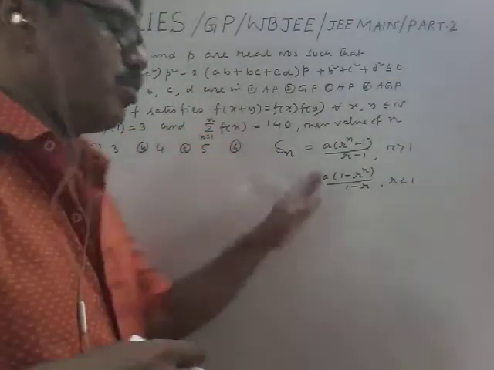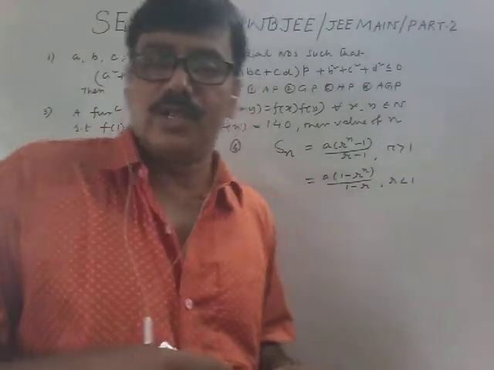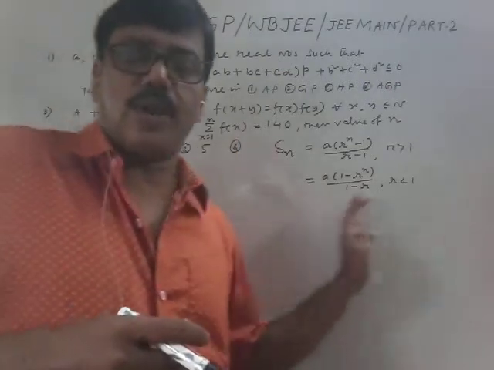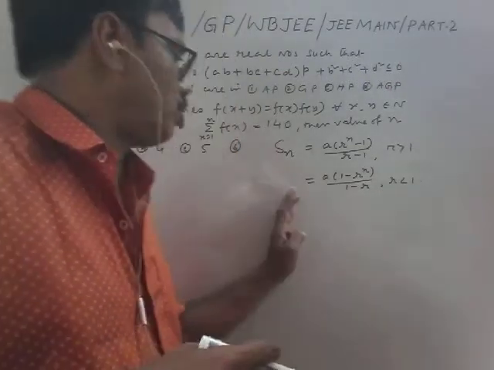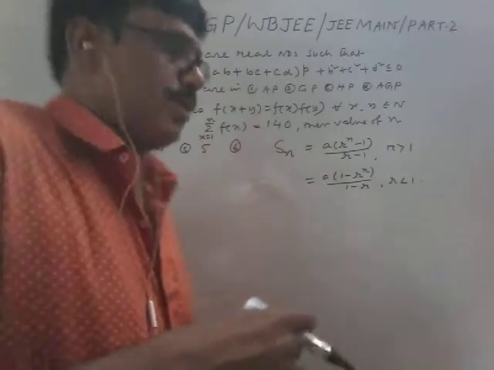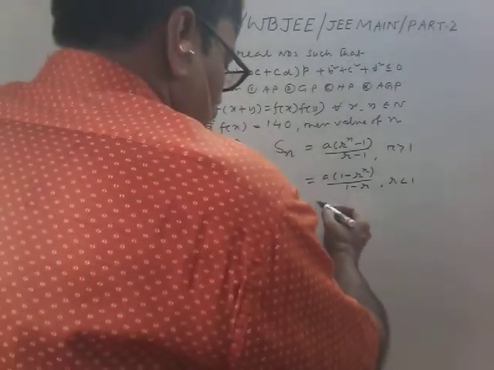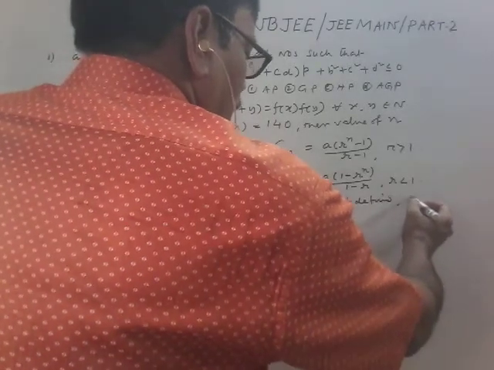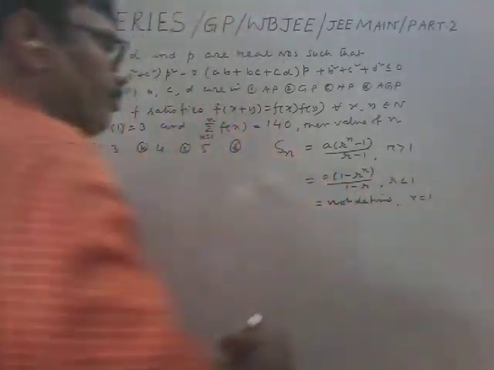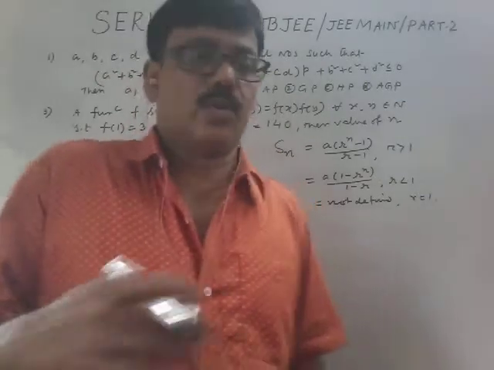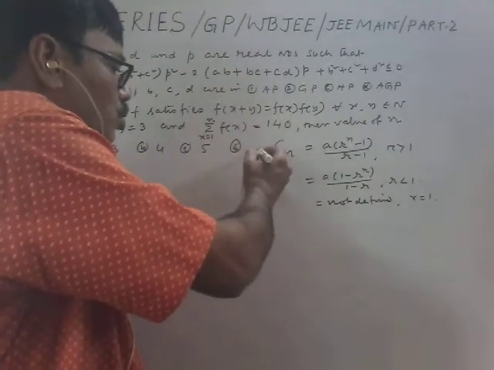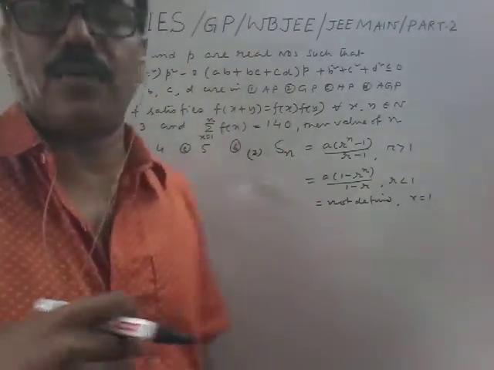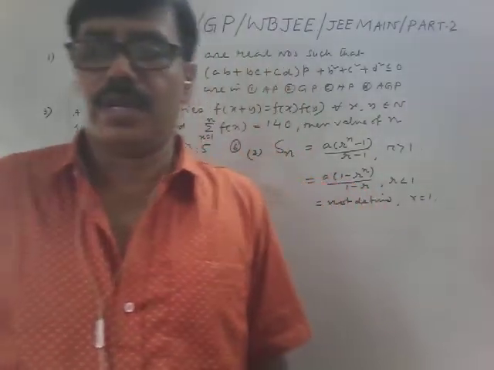If R equals 1, then the denominator is 0, so we cannot find the sum by using the formula of GP. So it is not defined when R equals 1. This is working tool 2, Sn, sum of n terms.